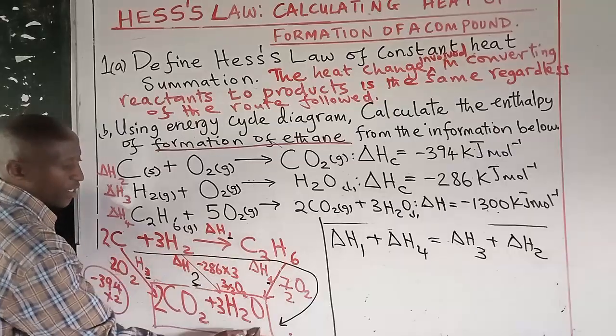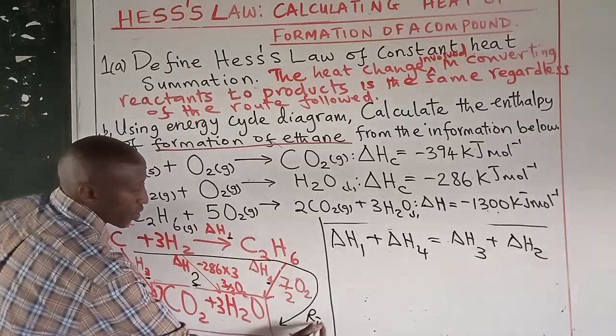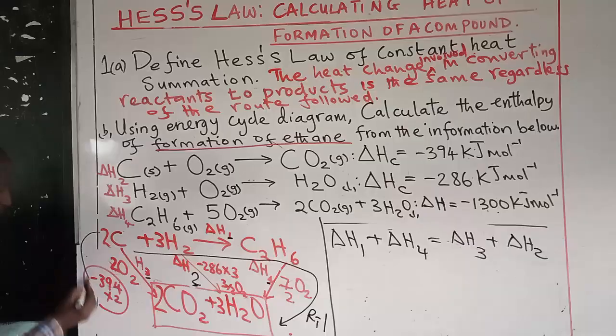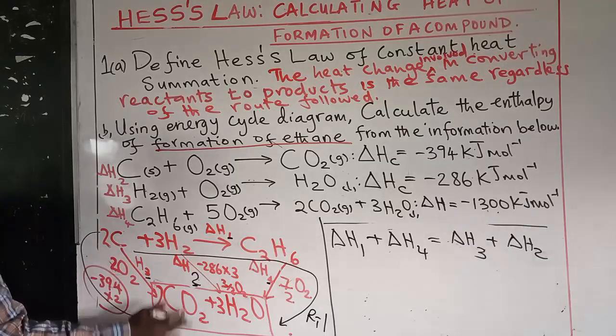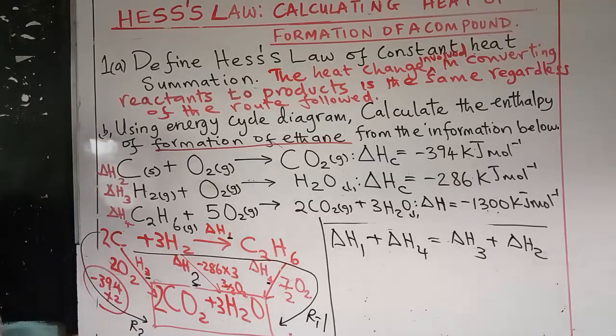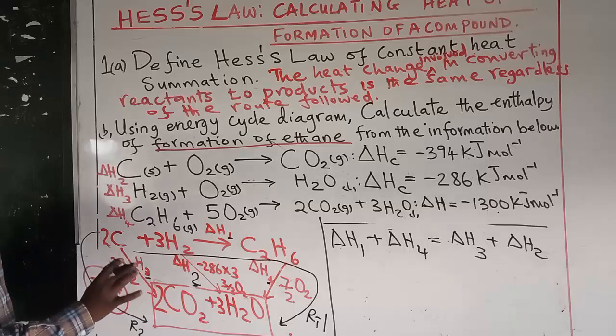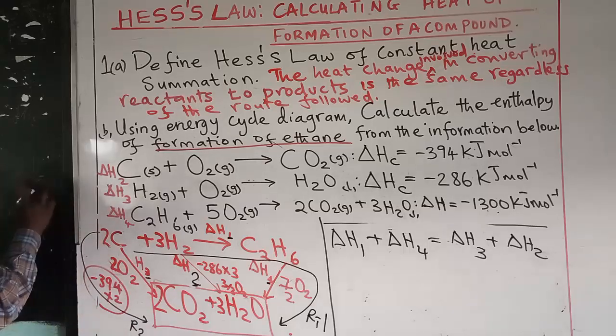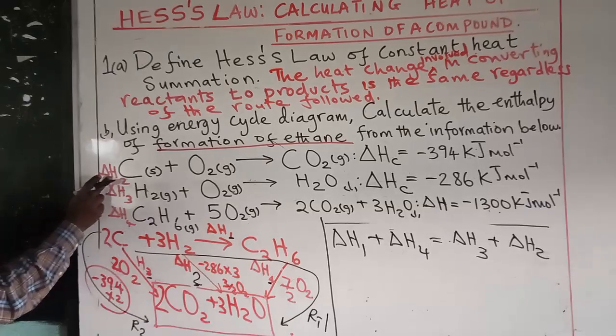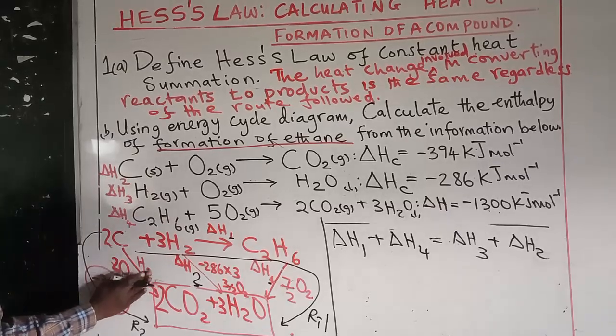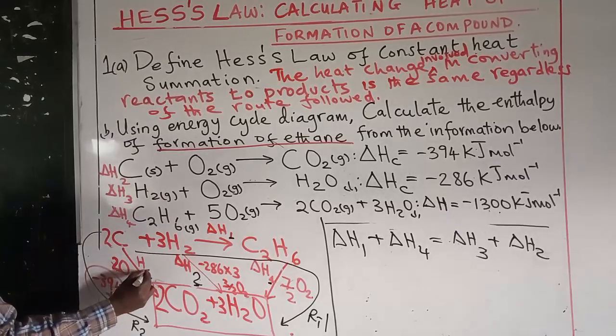So this is route 1, and following this path, that will be route 2. In route 2, there are 2 enthalpy changes. So that makes it quite okay. Let us confirm. This is carbon and oxygen, so we have called this one H2.